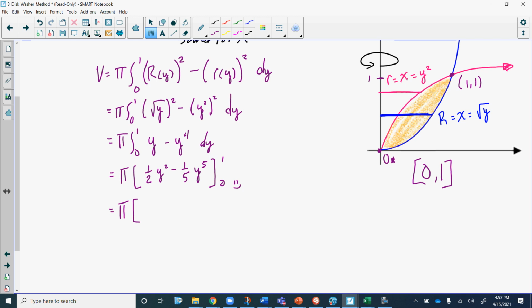So the upper bound will be 1/2 times 1 squared minus 1/5 times 1 to the 5th, minus 1/2 times 0 squared minus 1/5 times 0 to the 5th.